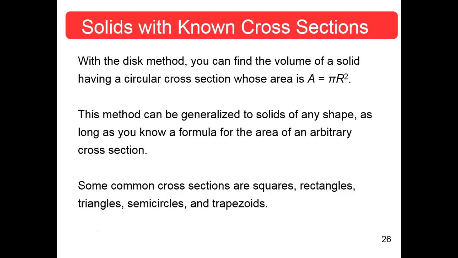This method can be generalized to solids of any shape, as long as you know a formula for the area of the arbitrary cross-section. Some common cross-sections are squares, rectangles, triangles, semicircles, and trapezoids.